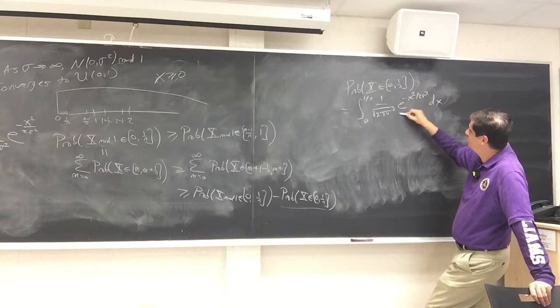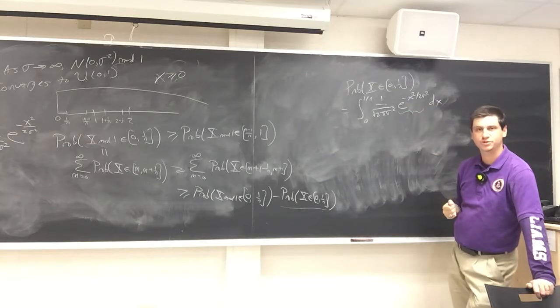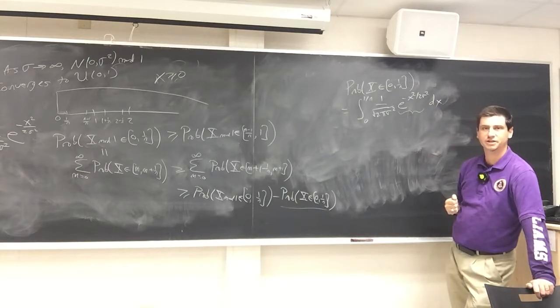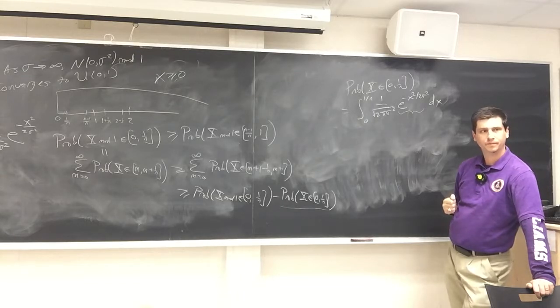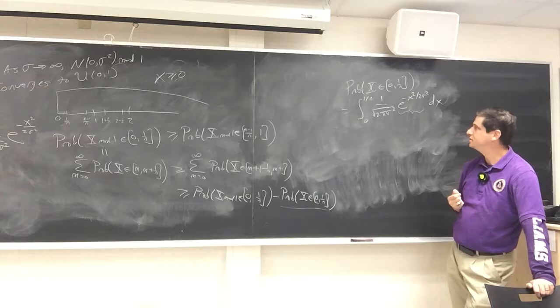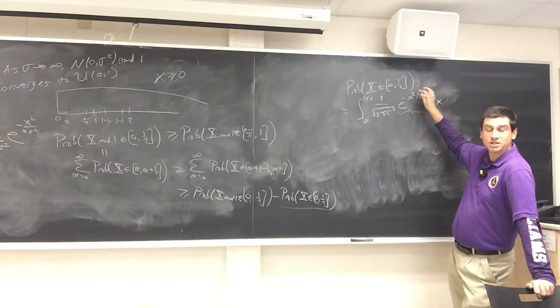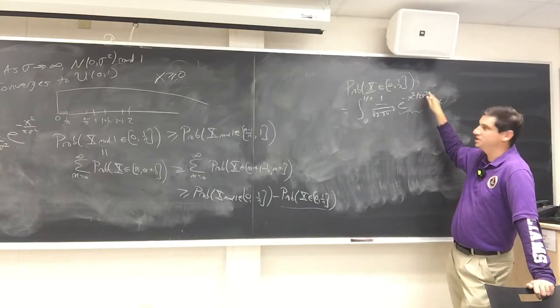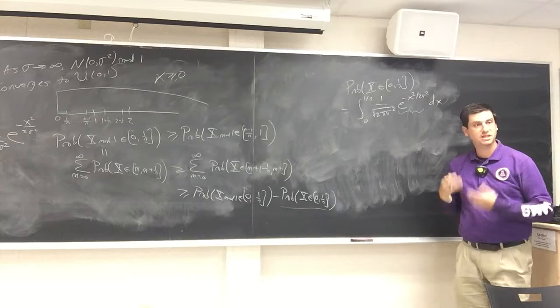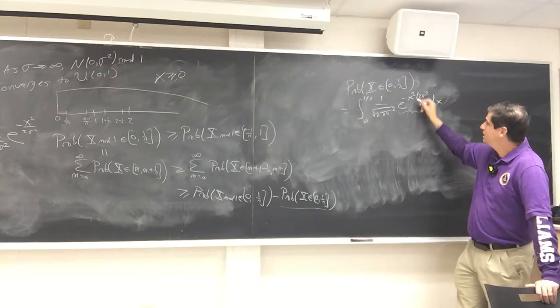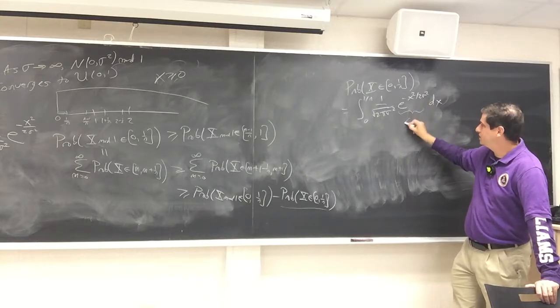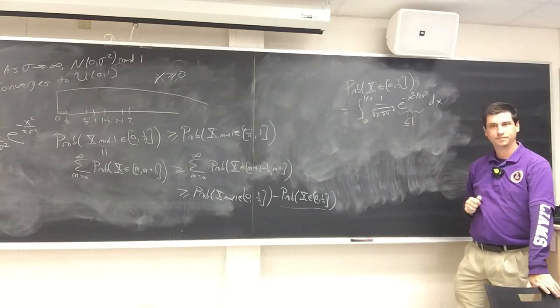What can you tell me about this quantity e to the negative x squared over 2 sigma squared? How large is the argument of the exponential? If x is really small and sigma is really large, I have basically e to the 0. So this is essentially 1, and we know, in fact, it's less than or equal to 1.